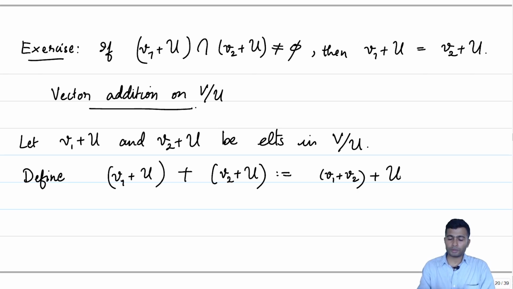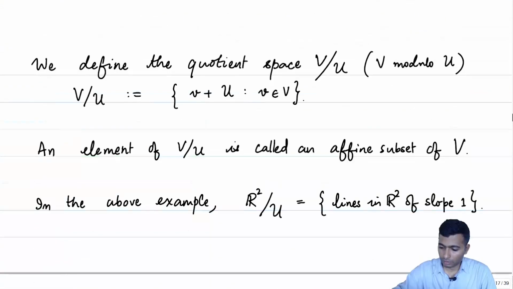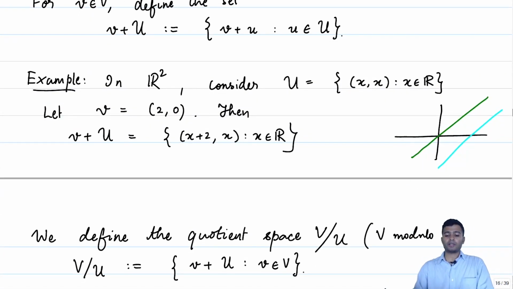Now, if you think about it carefully, this definition has a serious problem, because we already noted that in R2, when we considered the subspace U, which was x equal to y, or the set of all x comma x, for v equal to 2 comma 0 and v equal to 3 comma 1, both the affine subsets were the same.